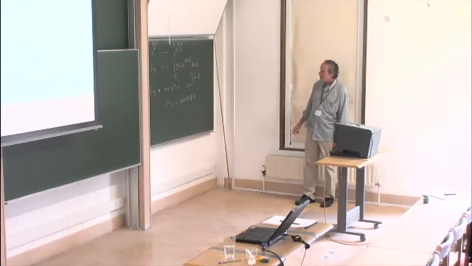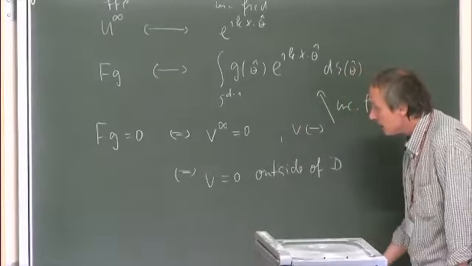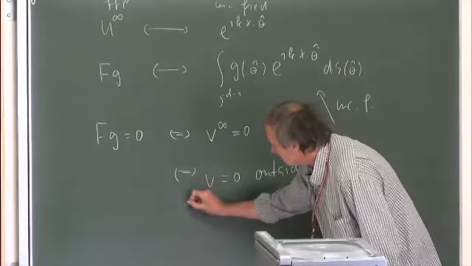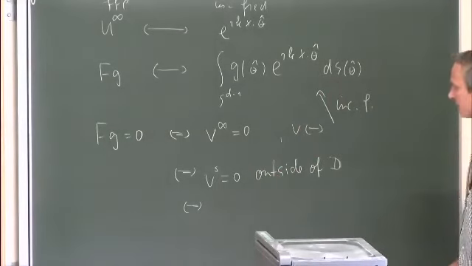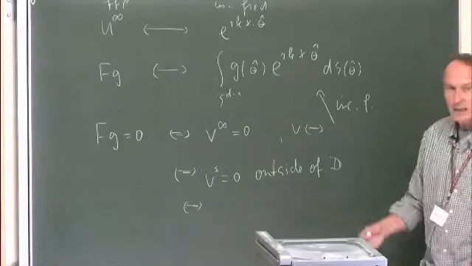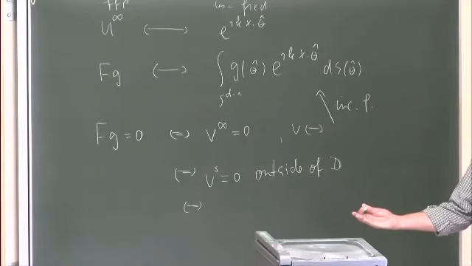Okay, that means that this function, or I should write v^s, the scattered field, is 0 outside of D, so the incident field is the same as the total field.